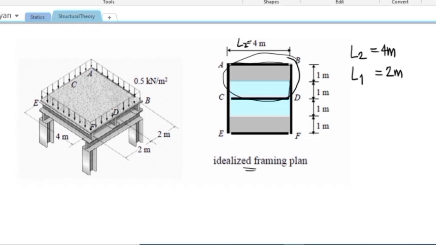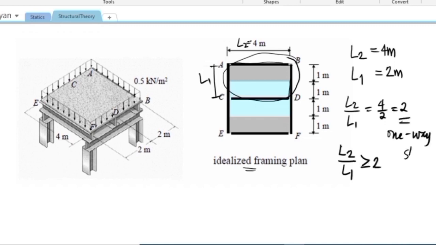So, the ratio of L sub 2 to L sub 1 would give you 4 over 2, and that's equal to 2. Sabi doon kanina that for one-way slab action, it requires L sub 2 over L sub 1 greater than or equal to 2. So, this is one-way slab.